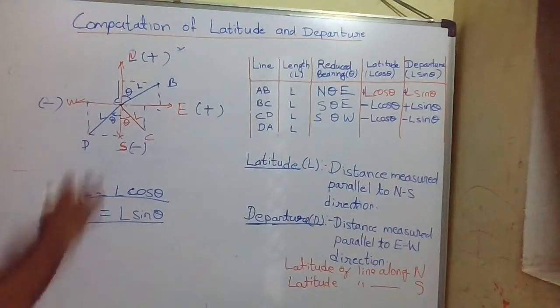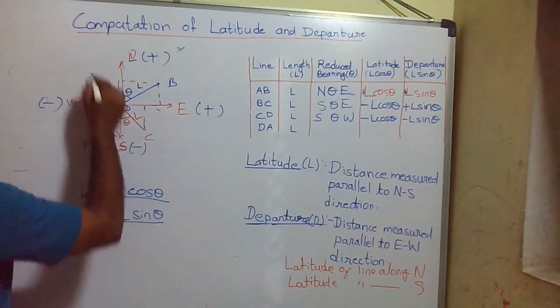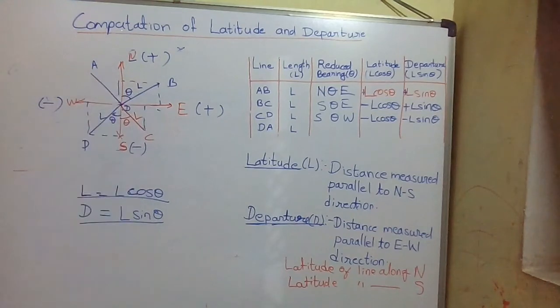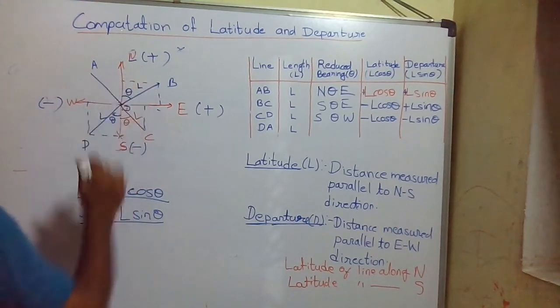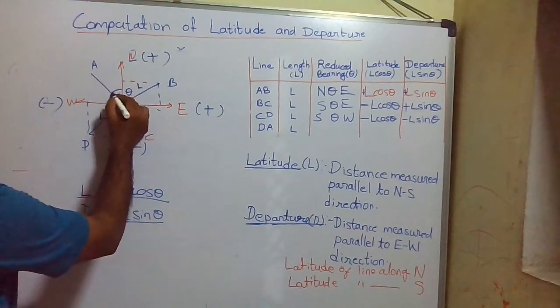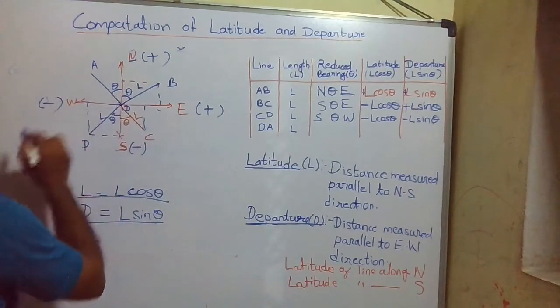Okay, now if our line is DA, it is in the northwest quadrant, and what will be the reduced bearing of this line? It will be north theta west. So what will be the latitude of this line?